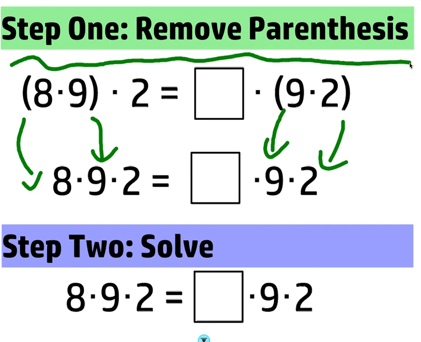And once you remove parentheses, it's real simple, right? We can go ahead and see exactly what goes in that box. And just to be sure, 8, right? 8 times 9 times 2 can only be equal to 8 times 9 times 2. You can't stick anything else in the box. Doesn't make sense.